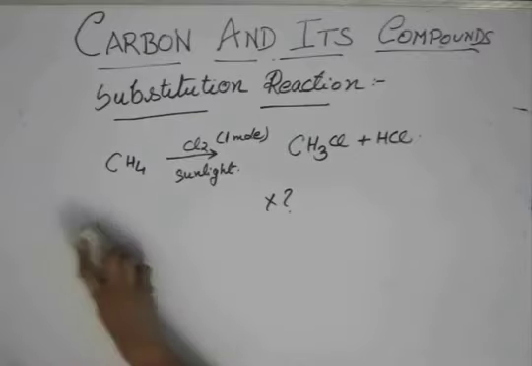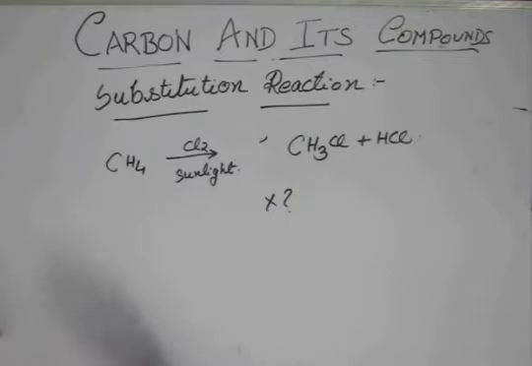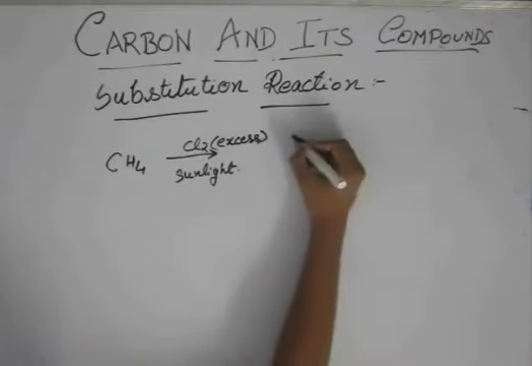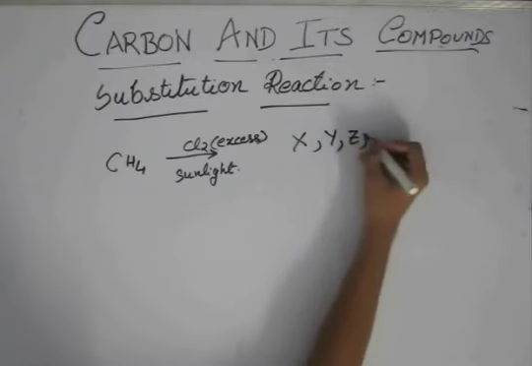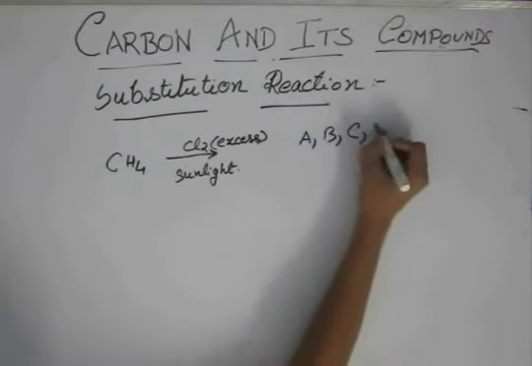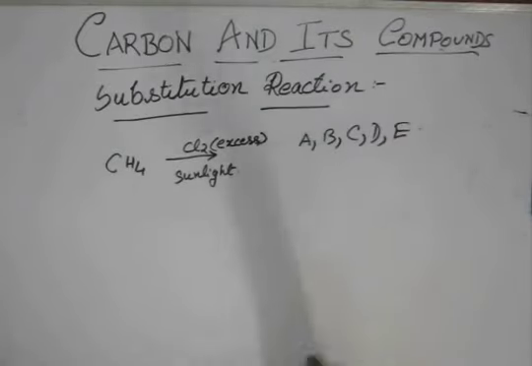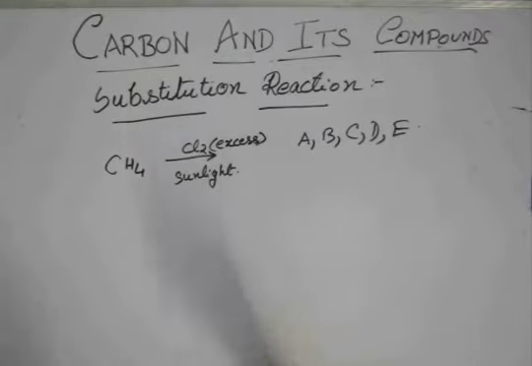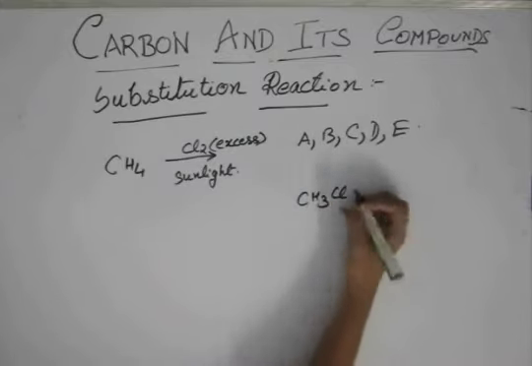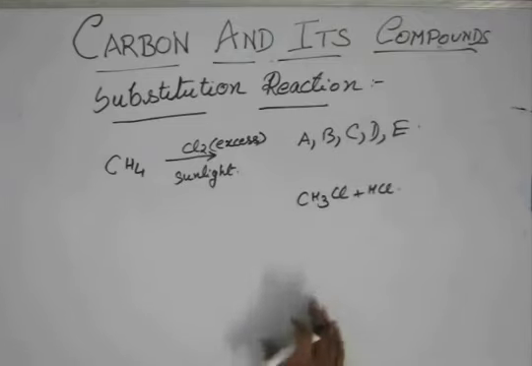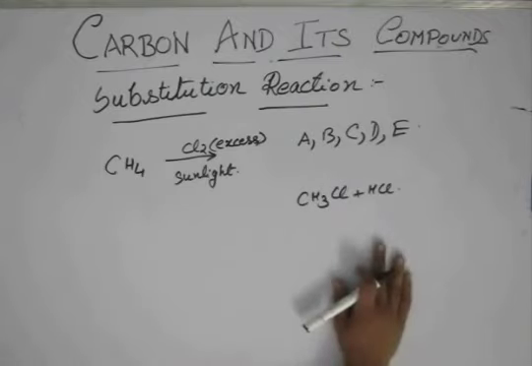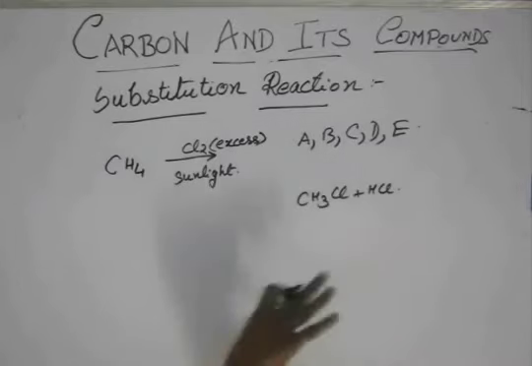And if you say that chlorine is in excess and the products are A, B, C, D, E, find all of A, B, C, D, E. So what happens is that you have this first reaction producing CH3Cl plus HCl, but because of probability reasons, this whole of CH3Cl will not react.